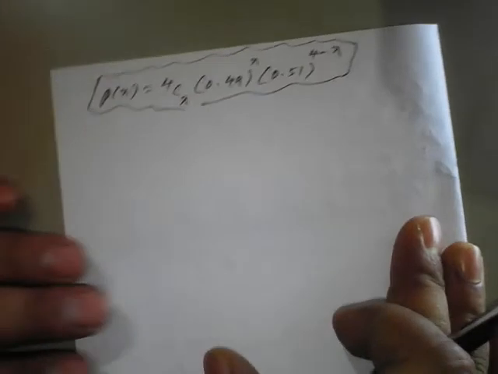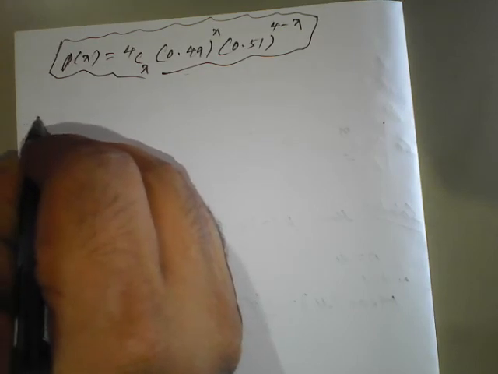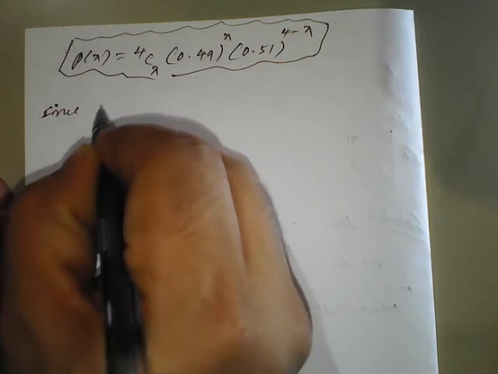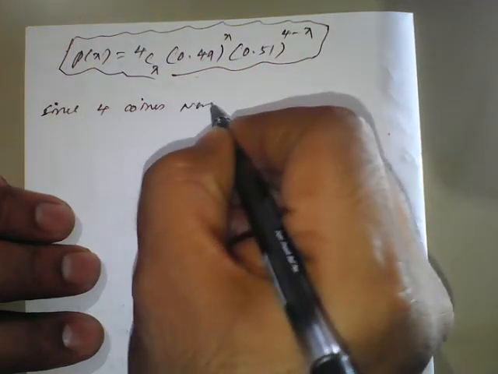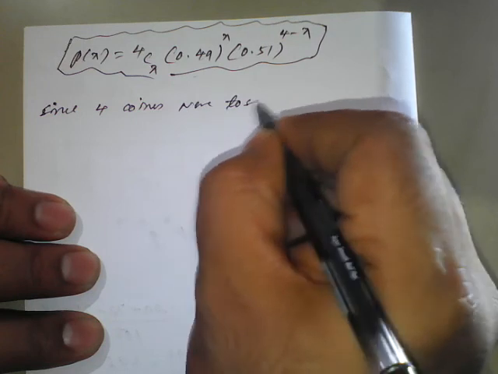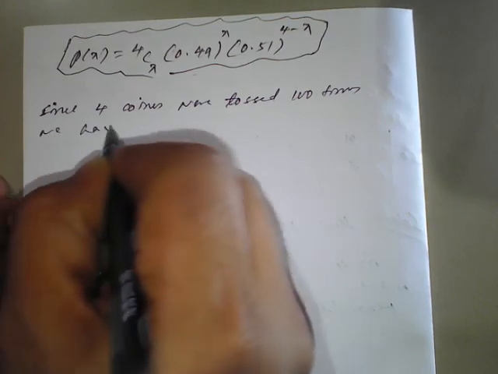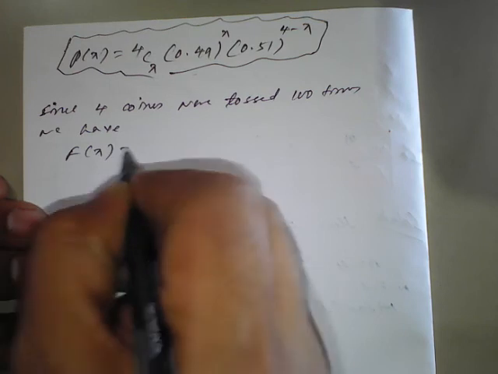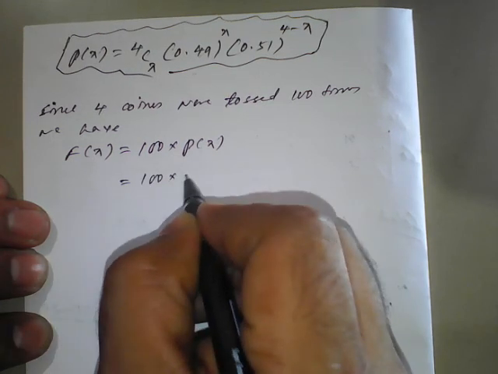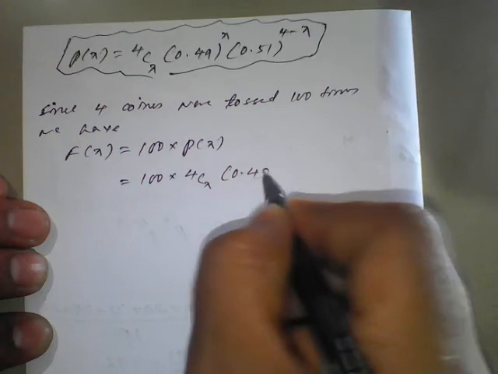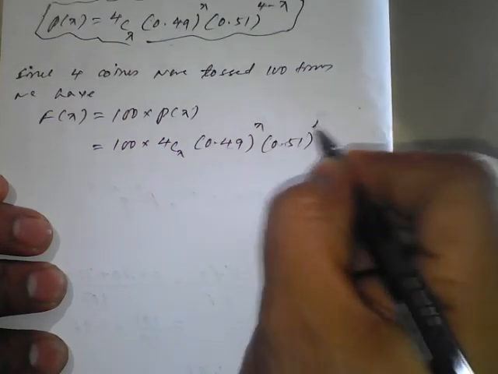So since 4 coins were tossed 100 times, we have capital F of x equal to 100 into P of x, that is 100 into 4Cx, 0.49 raised to x, 0.51 raised to 4 minus x.